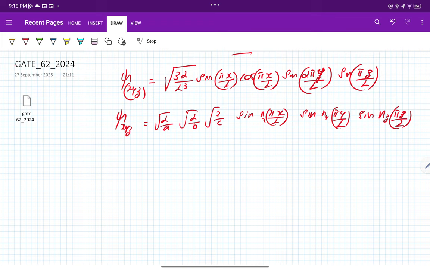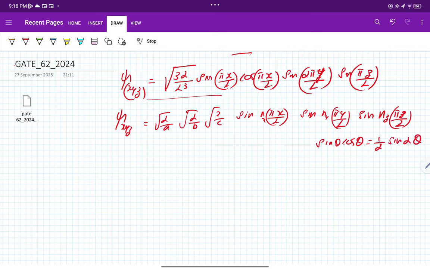So we can easily say that this is a three-dimensional box problem, and here you are given sin(pi x) cos(pi x). On carefully examining, there is a trigonometric relation: sin theta cos theta is equal to 1 by 2 sin 2 theta.